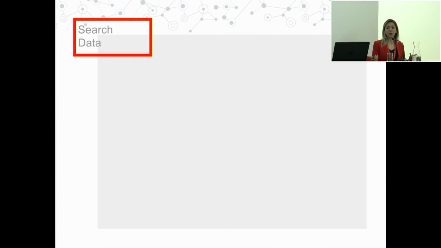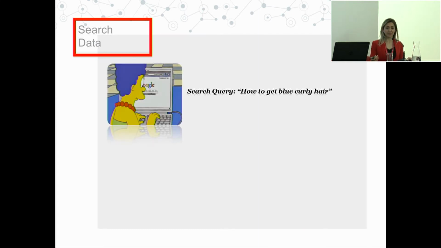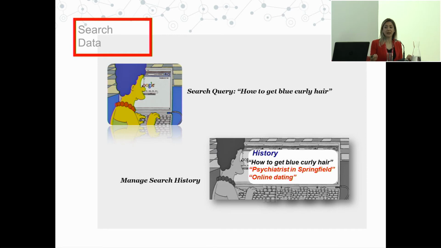We were lucky that we could access search data at Microsoft. We looked into how people search for items on Bing. So we could see what queries are submitted, and then afterwards how these queries were managed in the search history. Of course, the user could either delete or keep a data item.